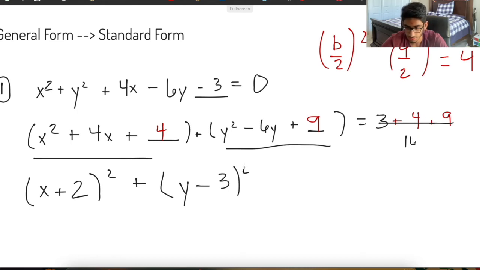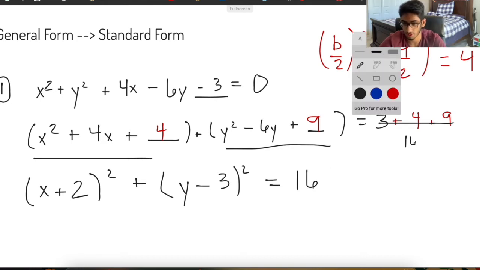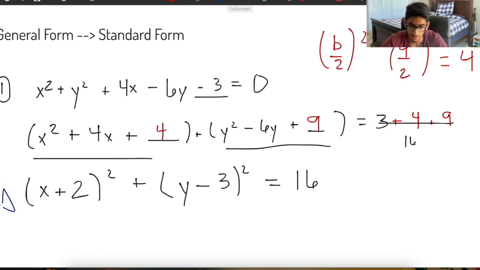If you don't know the complete the square method, you can just use the box method and still end up with this expression. And that all equals 16. So this right here is our standard form answer. Then let's say the question said to find the center. All we have to do is flip the signs of h and k. So our center would be (-2, 3), and our radius would be 4.